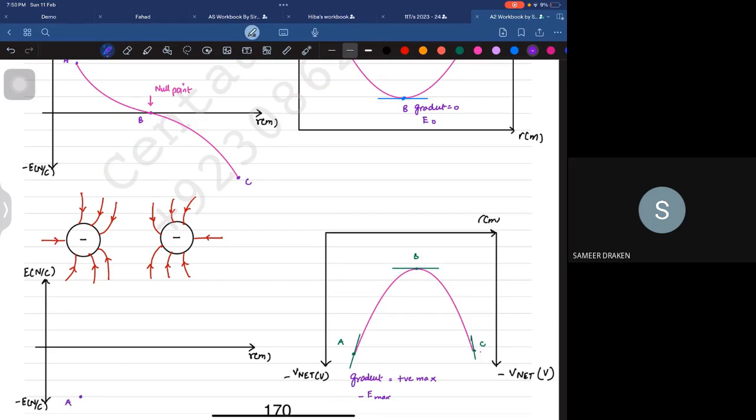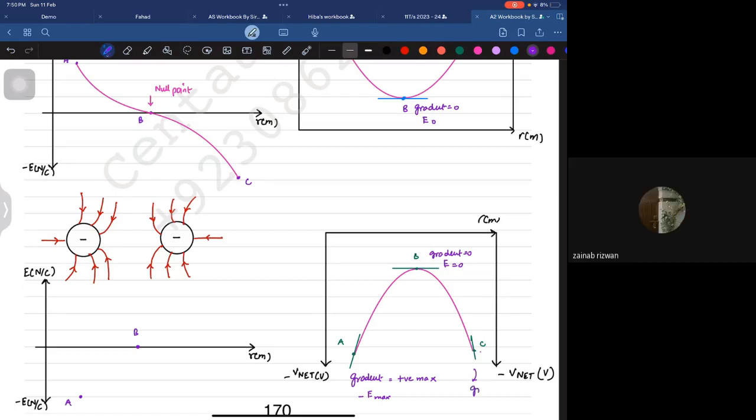Samir, B, what is B? Sir, zero gradient. So the gradient is zero, which means that electric field strength is zero. And then Zainab, C, please.